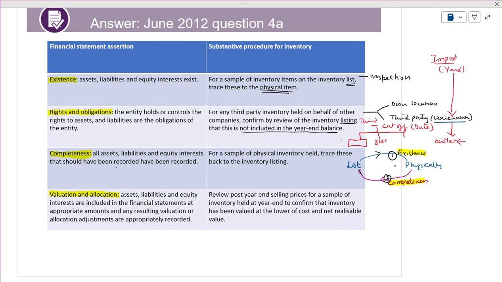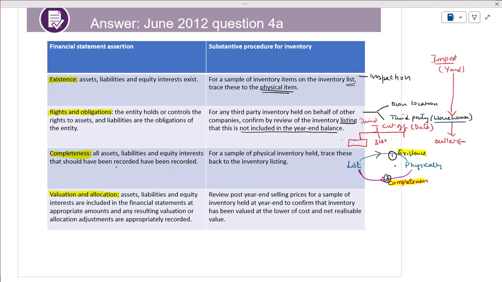Valuation. Okay, valuation. Slowly. These are very sensitive topics. If I mention it like this, 1 and 3, then you can easily understand.